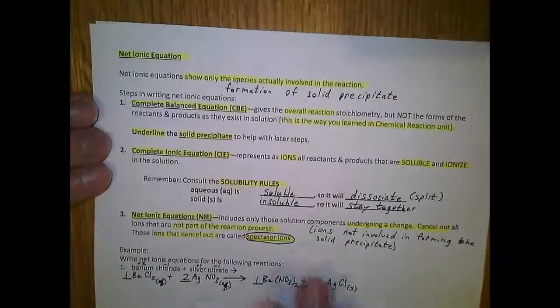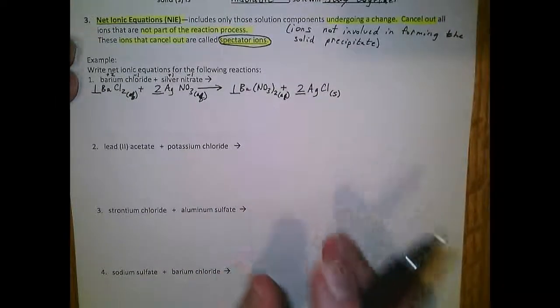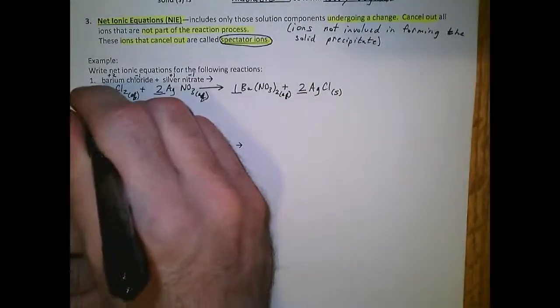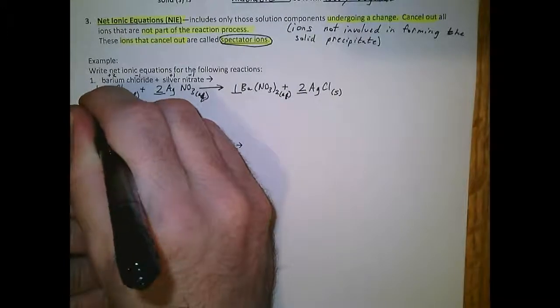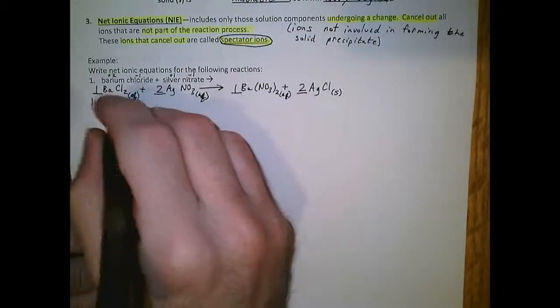Okay, now we want to do step 2. Step 2 is the complete ionic equation. We've got a balanced equation. Now I just want to split it apart into ions. So barium is a +2 charge. I'm going to put 1 Ba +2 plus how many chlorine?